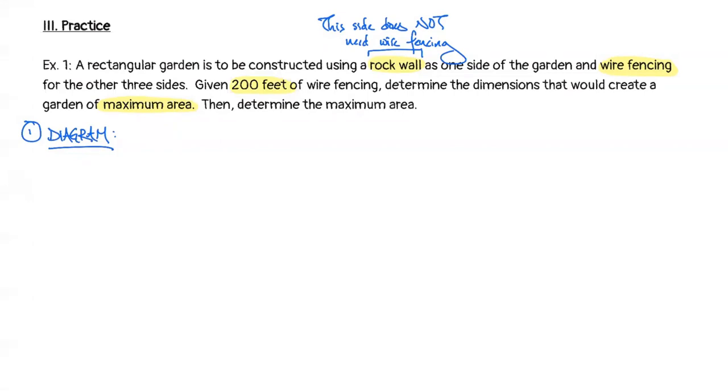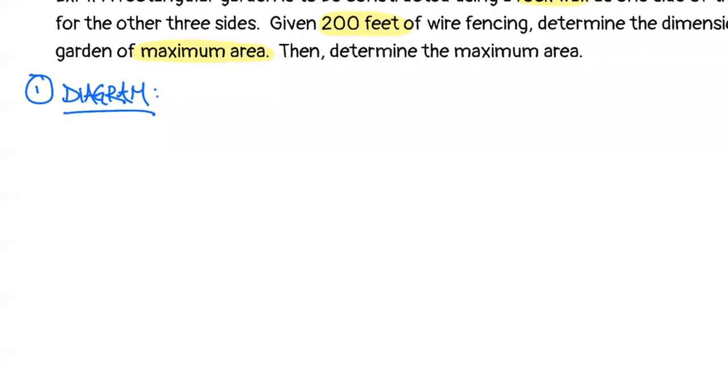So here is one possible diagram that we might have. You might say you have a rock wall here, and then you have wire fencing, maybe like here, here, and here. Okay. In fact, if I know I'm not going to be using fence on one side, sometimes I sort of squiggle it out. So I know that that side is not being counted in where I need the wire fencing. Okay.